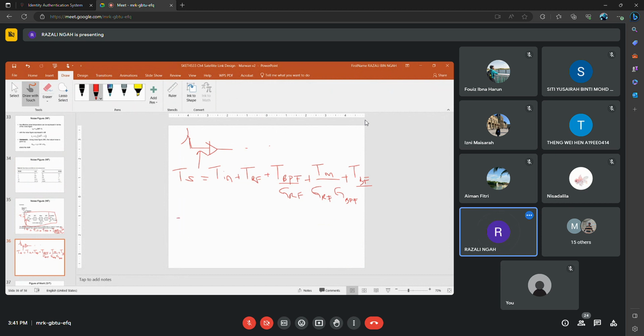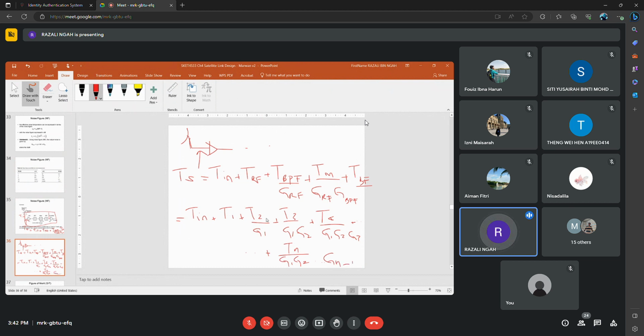So the general form is T in plus T1 plus T2 over G1 plus T3 over G1 G2 plus T4 over G1 G2 G3 and so on. This is something that you have learned in principal communication. At the end we have Tn over G1 G2 up to Gn minus 1.